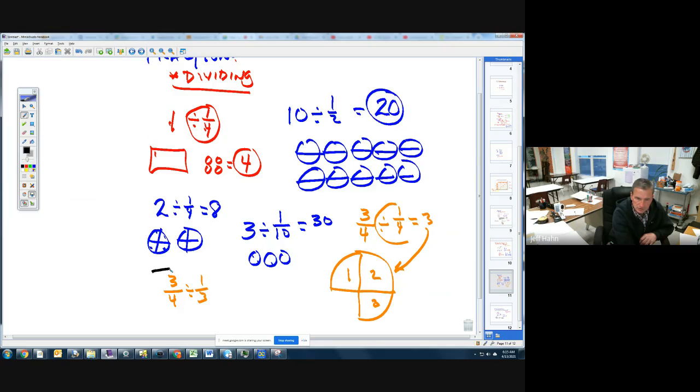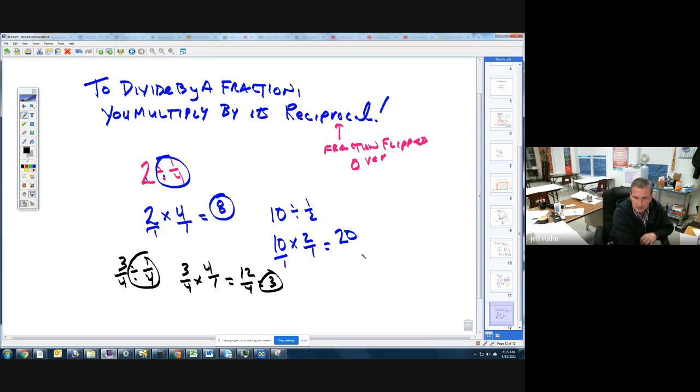Now the one we couldn't do was this one, so let's actually go and do that. What is 3/4 divided by 1/3? Oh, I'm so excited I can. All right, how do we do that? We flip and multiply. So it's 3/4 times 3/1.